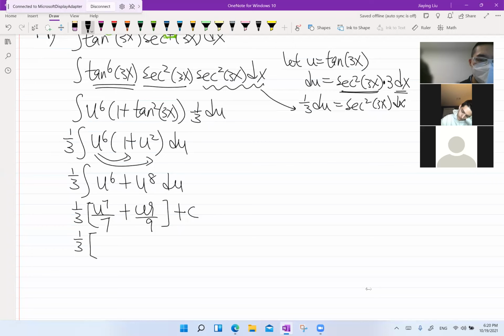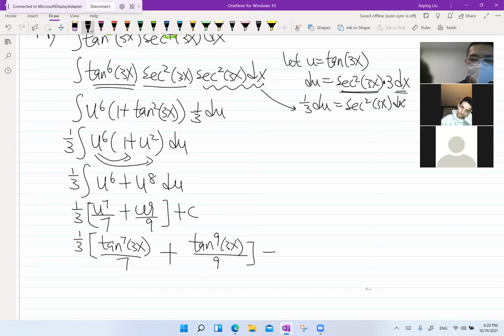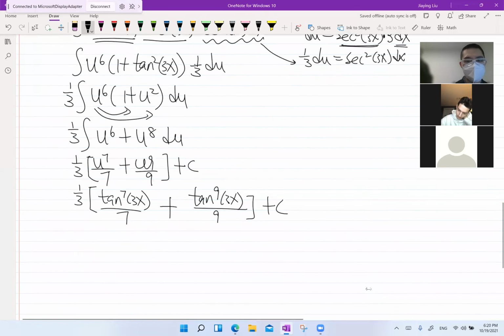So that's 1/3 times tangent 3x to the 7th power over 7 plus tangent to the 9th power of 3x over 9. You can distribute the 1/3 or you can leave it. I'm not going to bother to do anything after that.